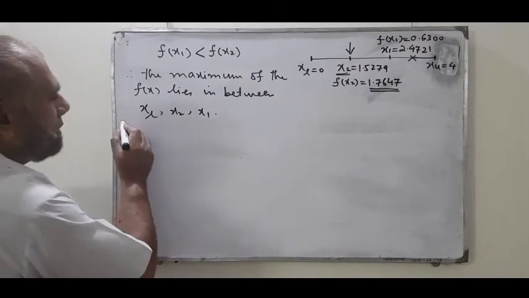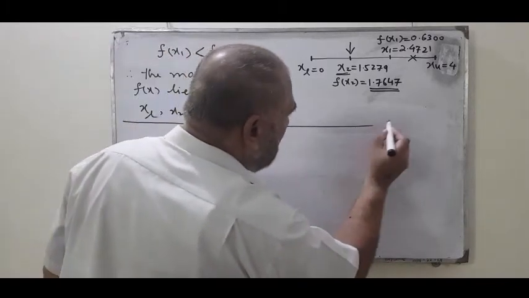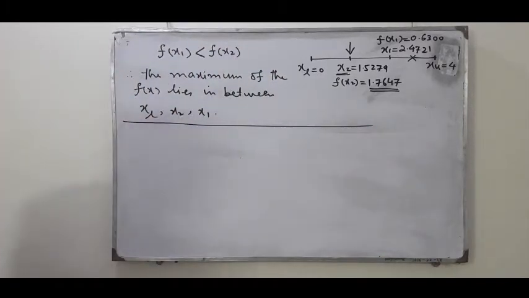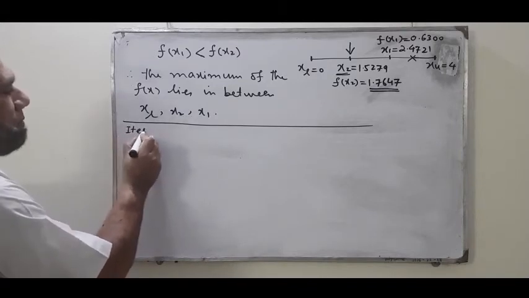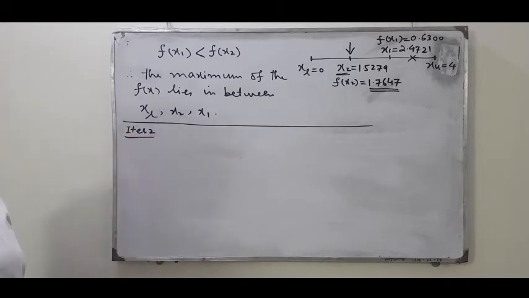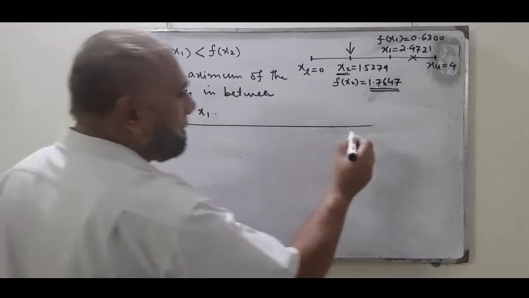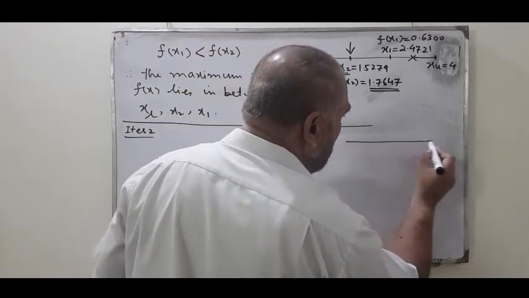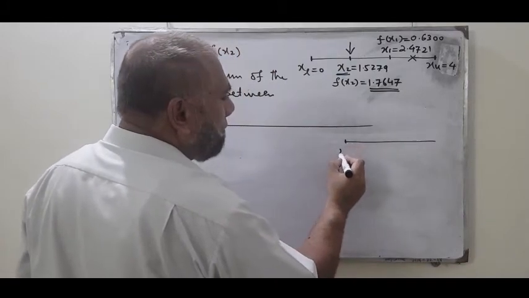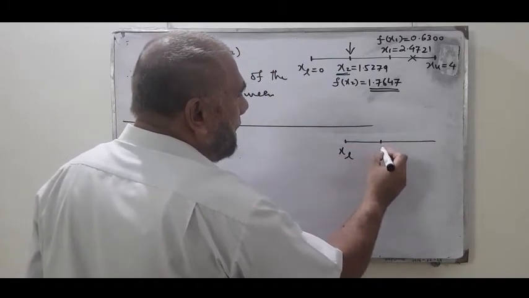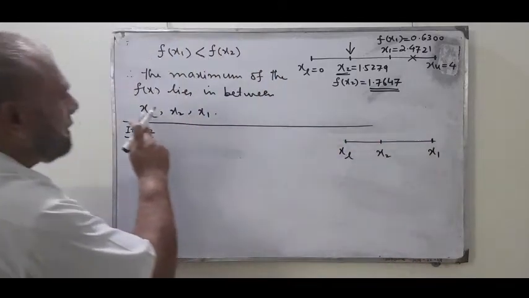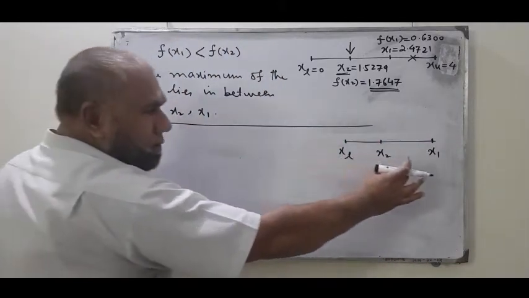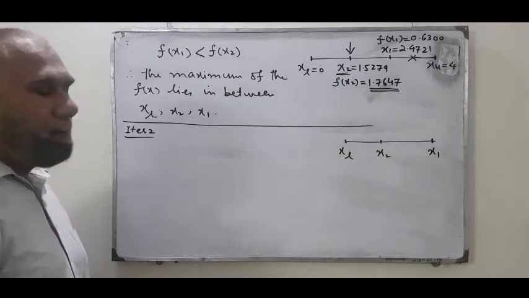So till here, this completes your first iteration. Now to move to the next iteration number 2, we have to make certain changes. Because the new domain is in between the 3 points xl, x2 and x1, I'm giving you the new domain.